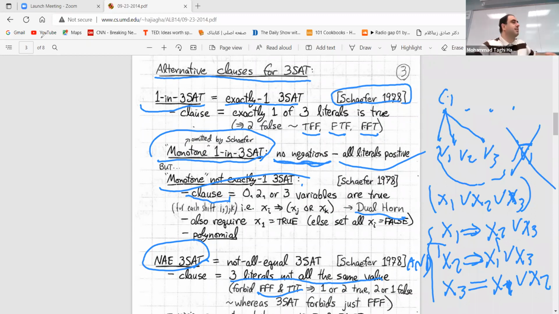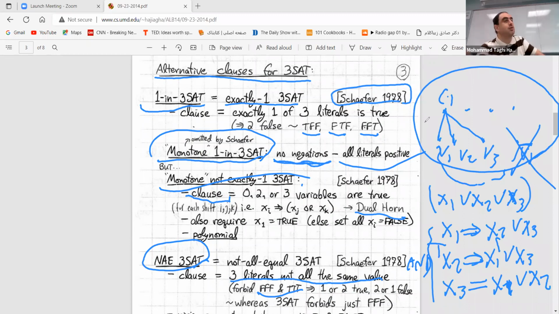These are the things that people considered from SAT; they went to 3-SAT, and considered very special cases. Because if you prove these special cases, then it becomes easier to prove some other problem. For example, this monotone one-in-3-SAT that I have mentioned. Here we don't have any negated variables. That's a very nice bipartite representation of the SAT.